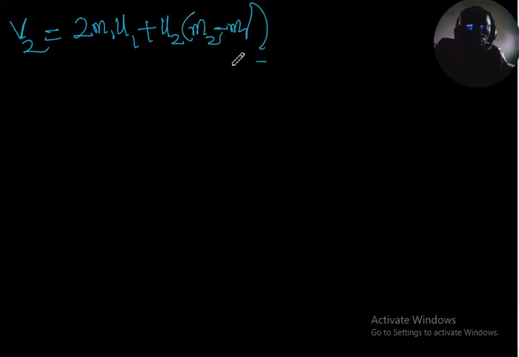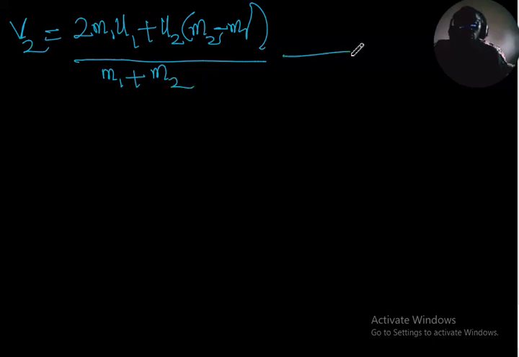You have V2 is going to be 2 M1 U1 plus U2, open a bracket, M2 minus M1, close the bracket. We are dividing this by M1 plus M2.